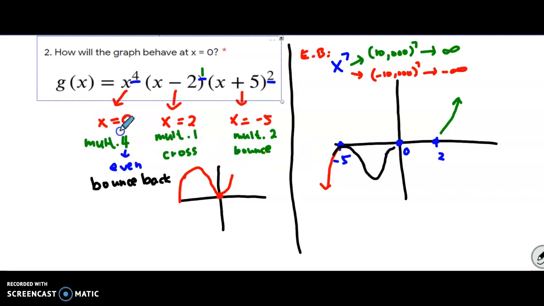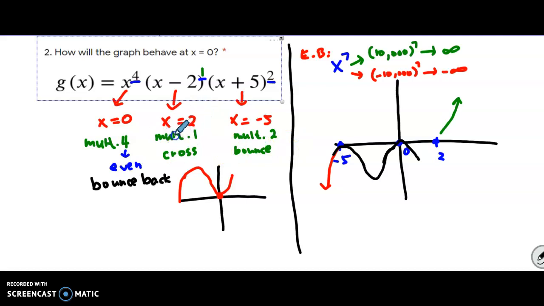What happens at 0? It's a multiplicity of 4, it's even, so it's going to hit that 0 and then it's also going to bounce back yet again. Now, you can make this go really low if you want. I'm not going to draw it too low here. What happens at 2?